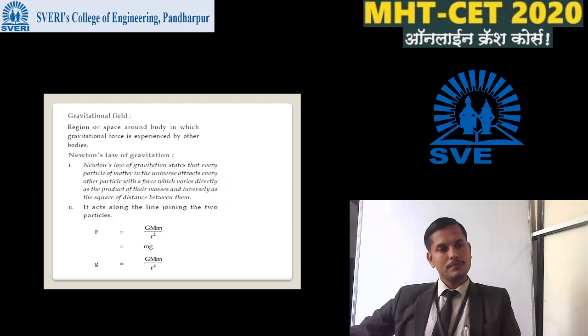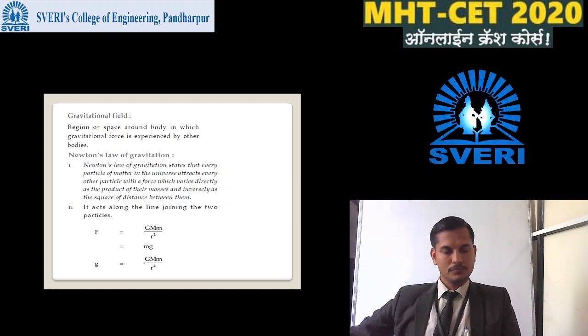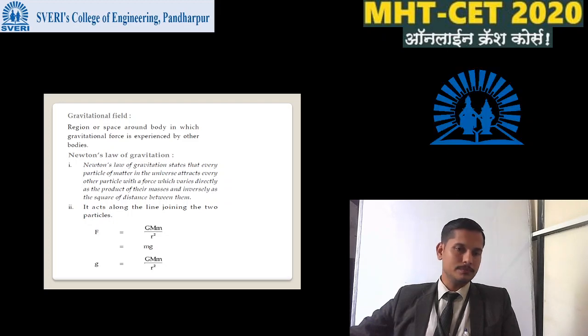Let us check this in Newton's law of gravitation. If we consider two particles of matter, they attract each other with a force which varies directly as the product of their masses, which means it is directly proportional. Product of their masses means capital M into small m in this equation, and inversely as the square of the distance between them.